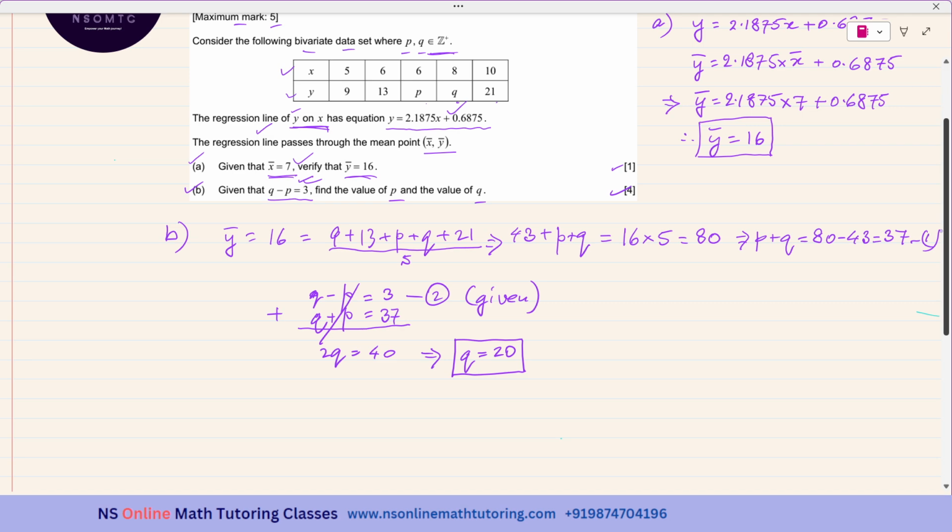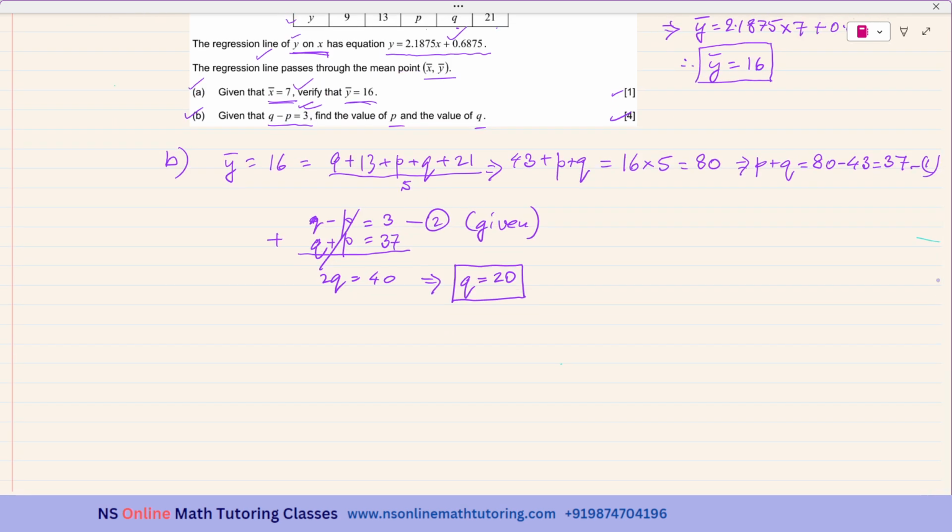And we have Q minus P equal to 3. This implies Q minus 3 is equal to P, and Q's value is 20. So 20 minus 3 is equal to P, implies P equal to 17.